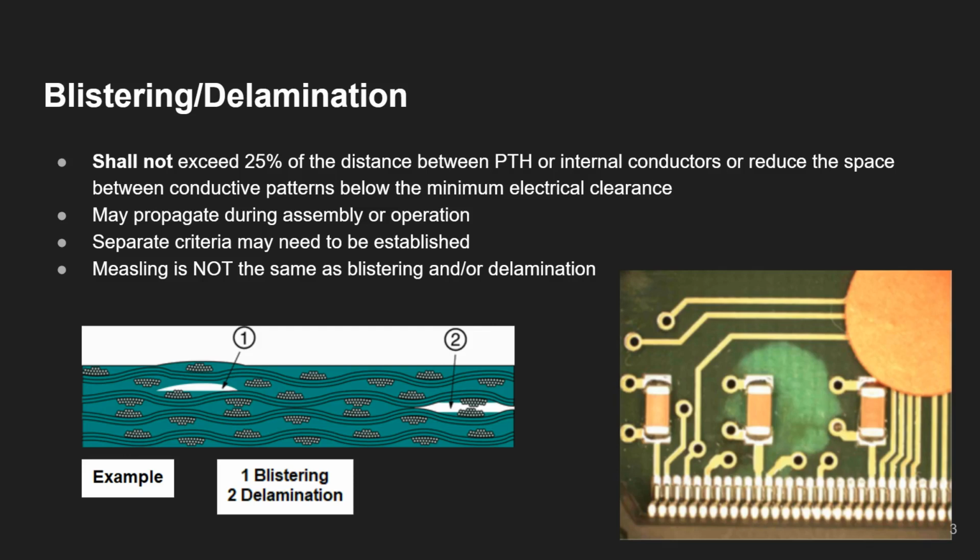Delamination typically occurs in the production process when unwanted heat or humidity are present. So you can see the blisters and delamination. They look like this. And on a real PCB, they look something like this.